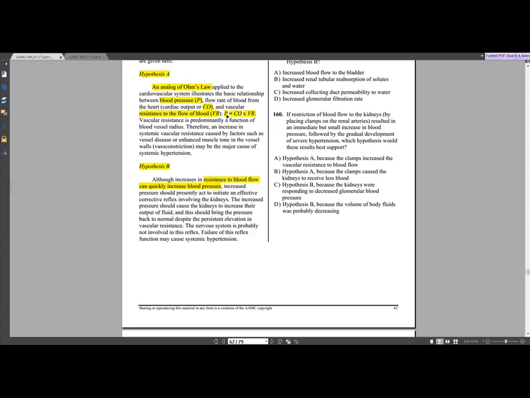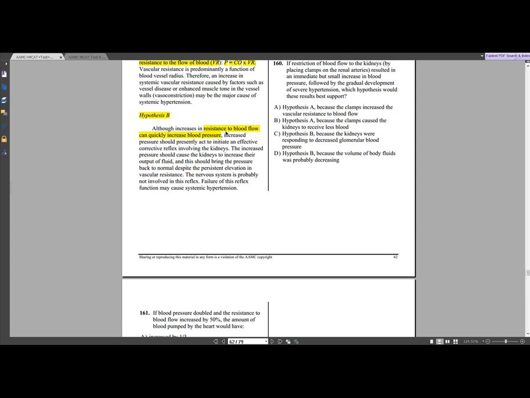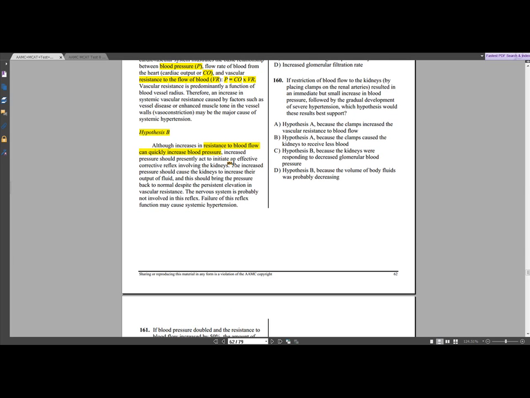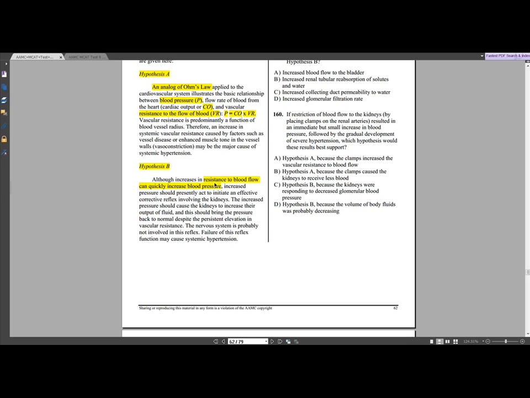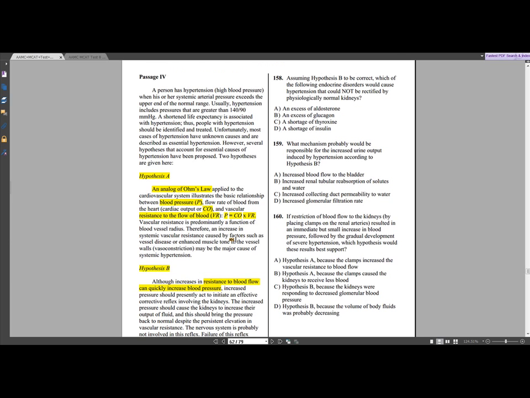So this is saying the analog pressure is constant. To make pressure constant, if, for example, resistance increases, then cardiac output must decrease to maintain constant pressure, if that's what I mean by analog. So this one is equivalent to something like Boyle's law, Charles' law, and Avogadro's law, where it's a direct proportion. So that's probably all we need to know, the difference between them. We're assuming B is correct.